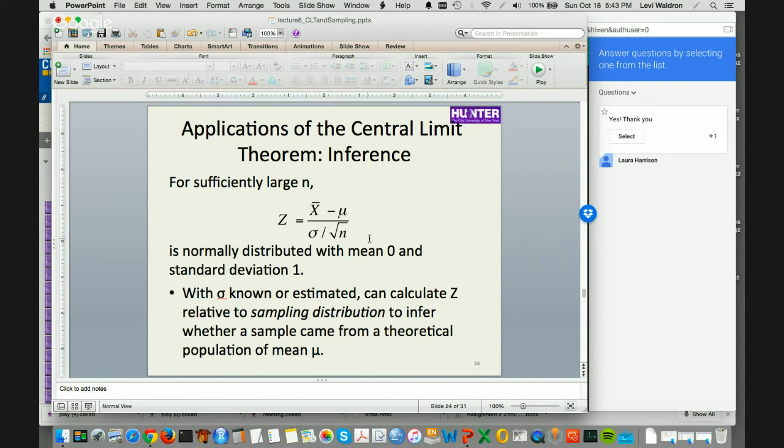And from the central limit theorem, if the mean really is mu, then the sampling distribution is normally distributed with mean 0 and standard deviation 1. We can calculate the probability of drawing a sample with this particular value of z or more extreme, based on the central limit theorem. And this is the so-called z-test.